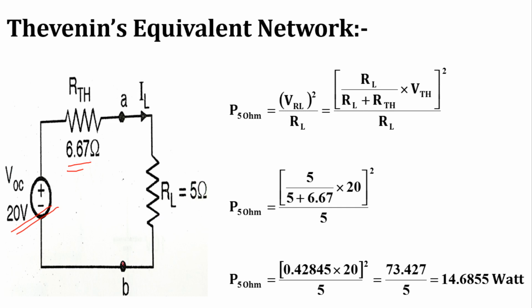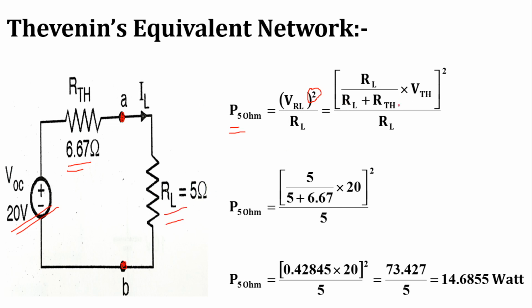Again we will connect RL between terminals A and B, which has a value of 5 ohm. So power is equal to V square by RL, that means the voltage across this particular resistance, squared, divided by 5. We will use the voltage divider rule to find the voltage across RL.